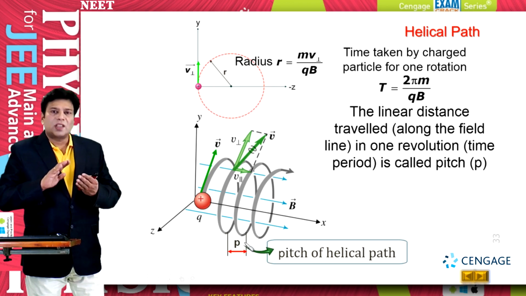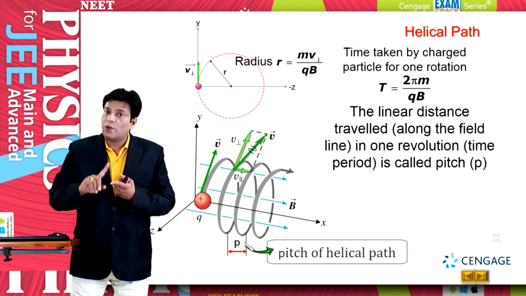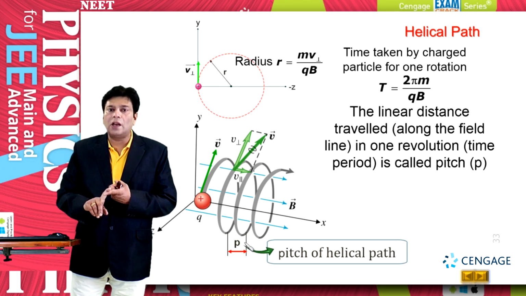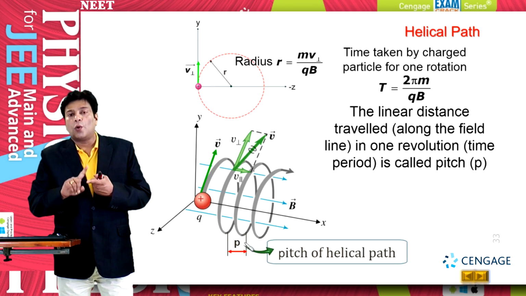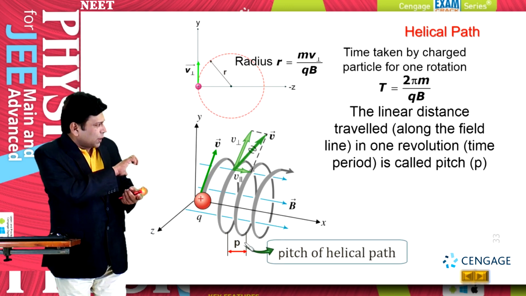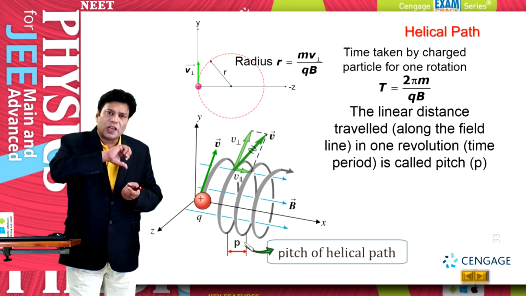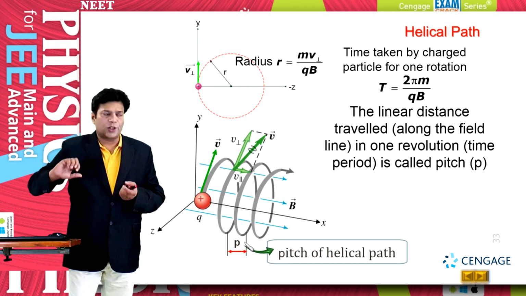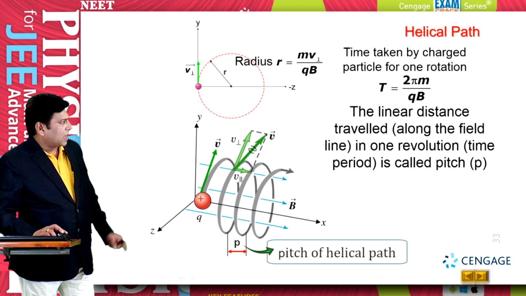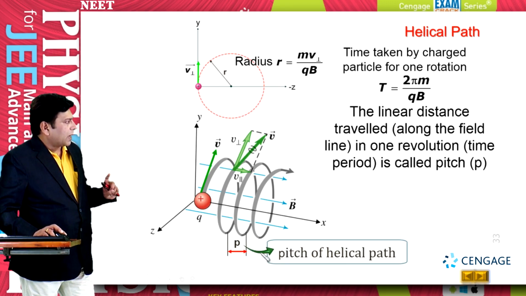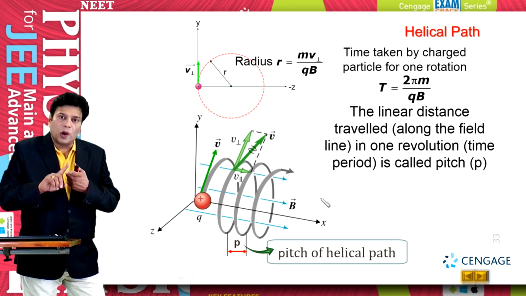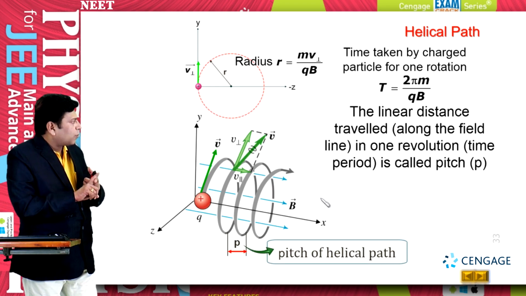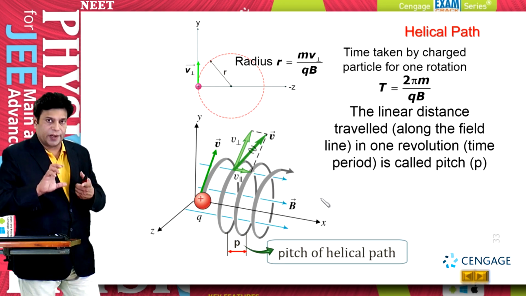And we know the velocity of the charged particle remains unchanged while moving in the x direction, or along the magnetic field direction. So the pitch of the helical path can be calculated using the parallel component of the velocity multiplied by the time period.